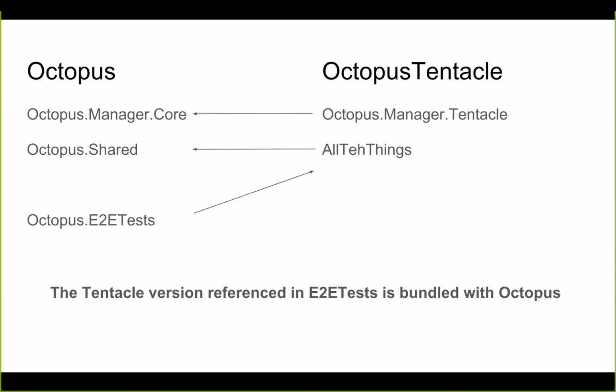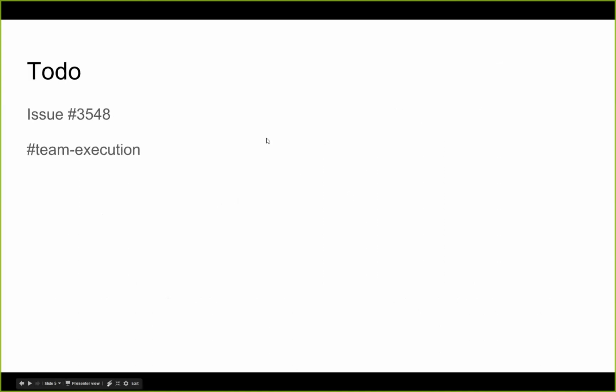I've got a few ideas about how to fix this. Splitting the API test would help. Splitting Shared into its own repository would help, and maybe making Tentacle more self-contained would help. But if you've got ideas, I'd love to hear them as well. So fixing the dependencies is on the to-do list.